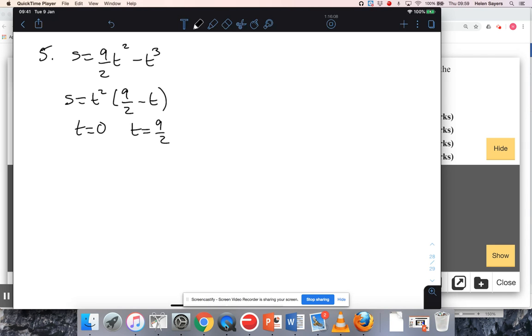So if I was sketching the whole graph, and it's a negative t cubed, so it's a negative cubic, sorry, it would look something like that.